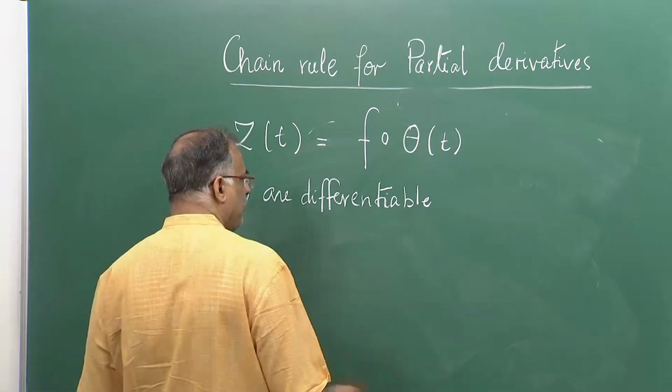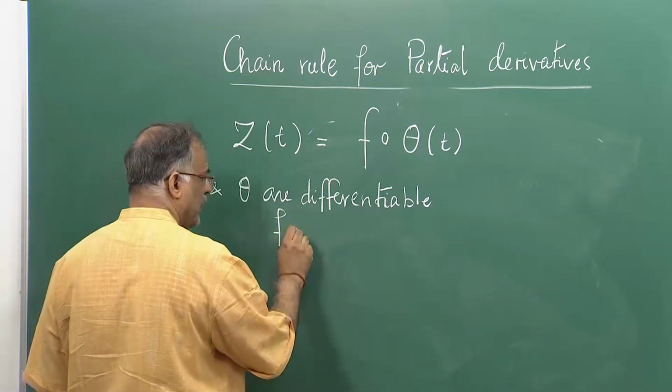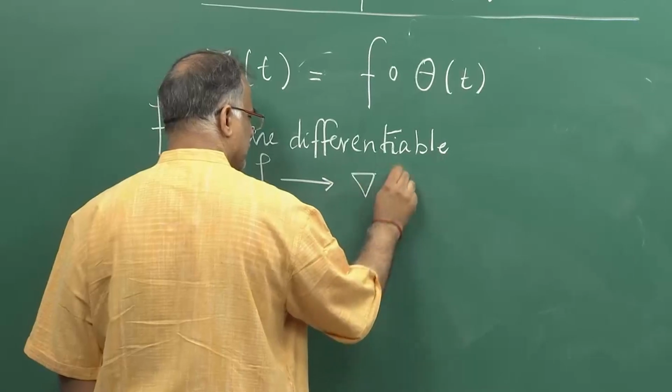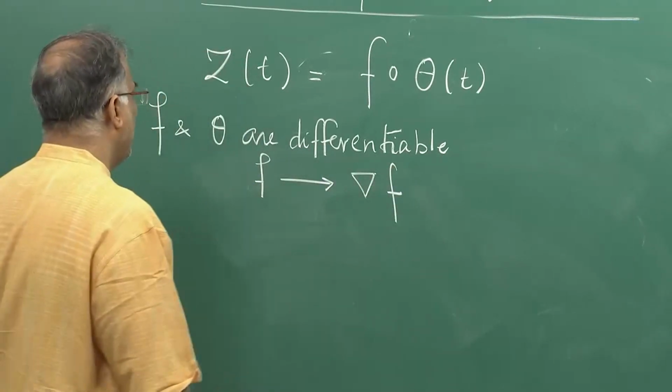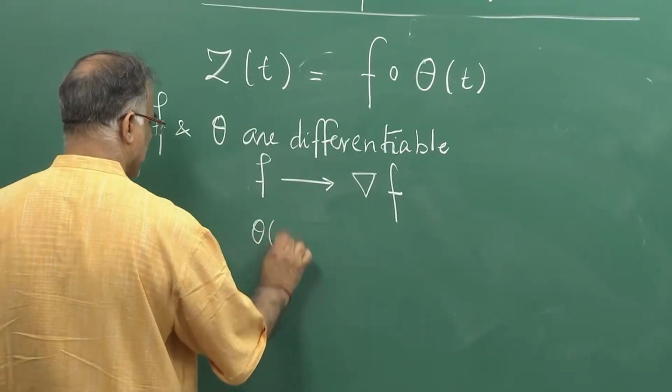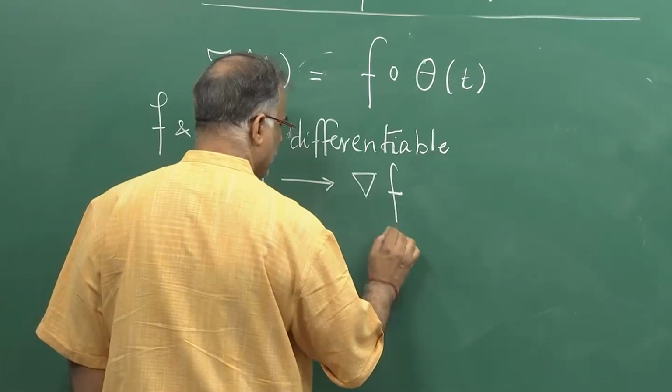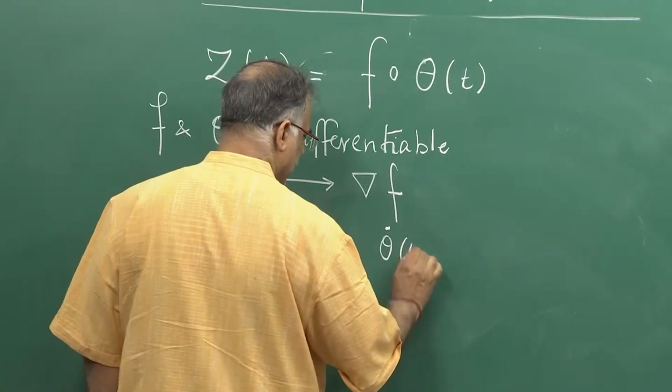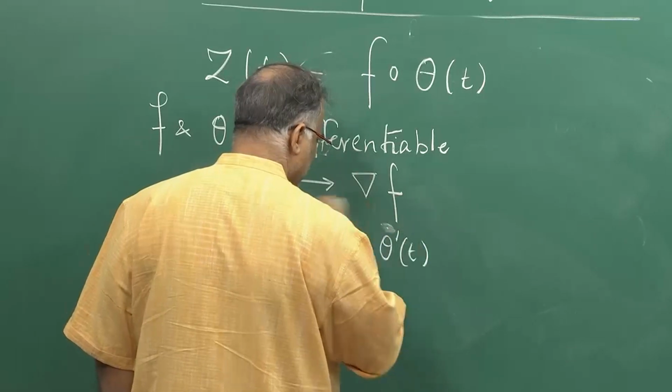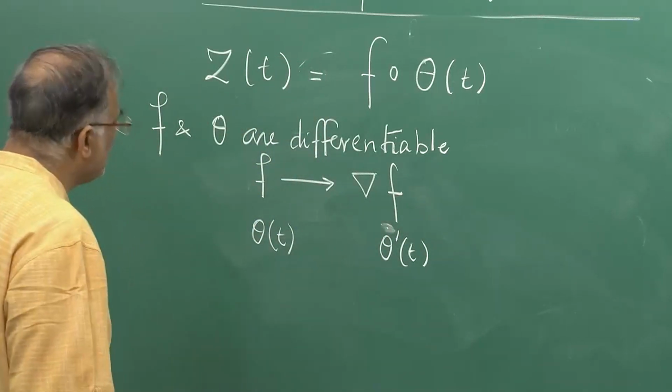So, for f I have the gradient, and for theta t I have theta dot t or theta dash t, if you want to write it with a dash, and you know what theta dash t is.